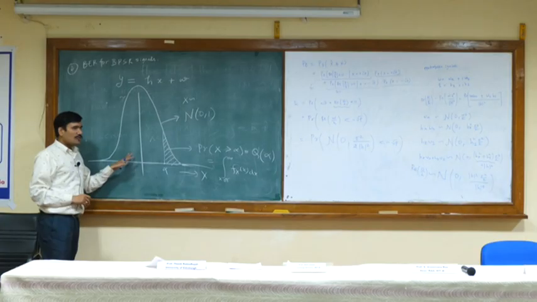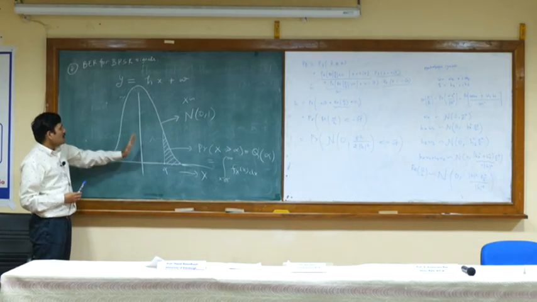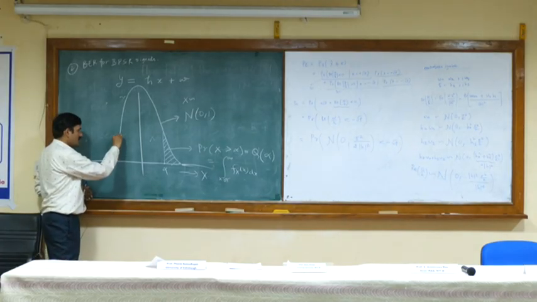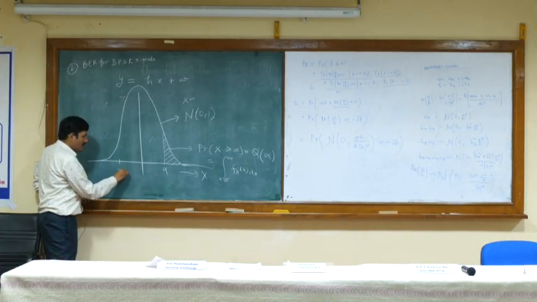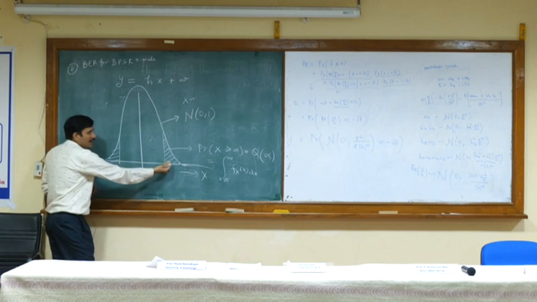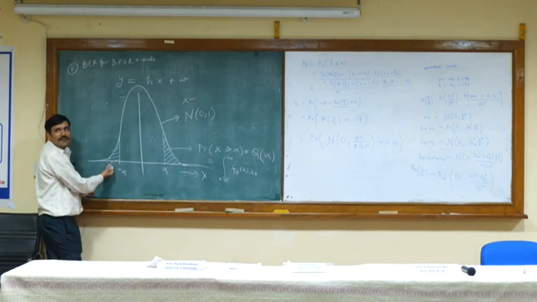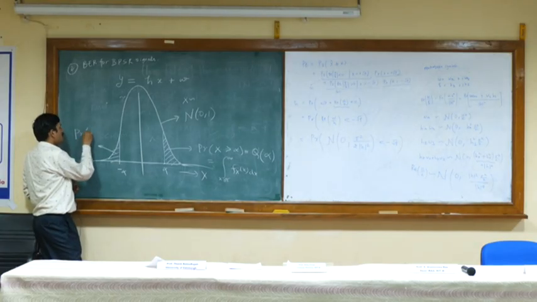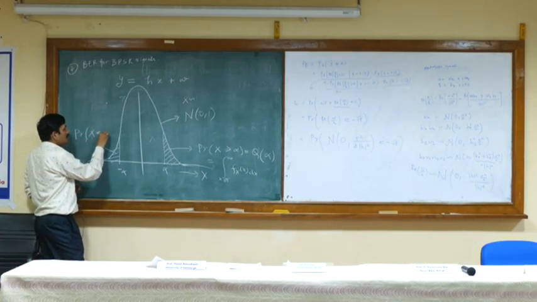Now, one more thing you can observe is that the Gaussian distribution is symmetric. Similarly, let's say I have minus alpha here. Since the Gaussian distribution is symmetric, the area here will be the same as the area here. So this is the probability that X is less than minus alpha.